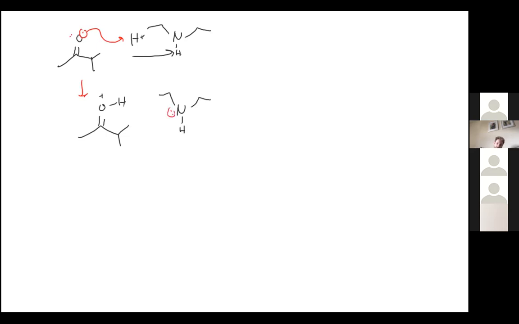Nitrogen can come in and act as a nucleophile. From here, we can pick up a proton.